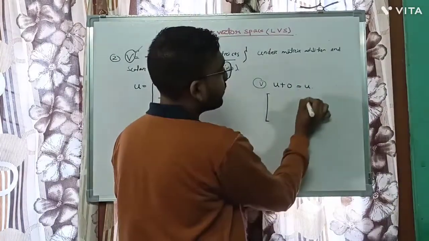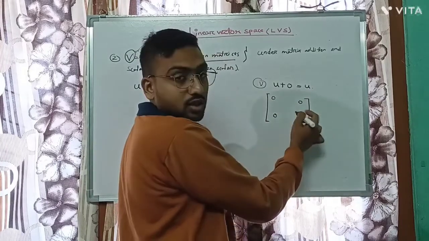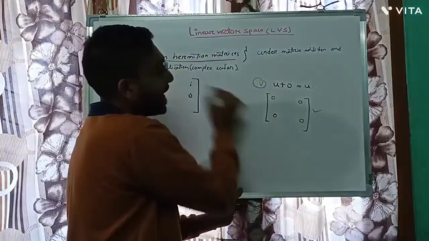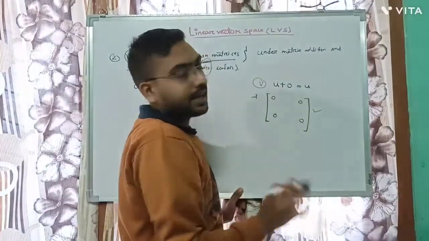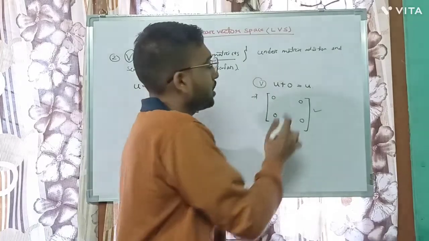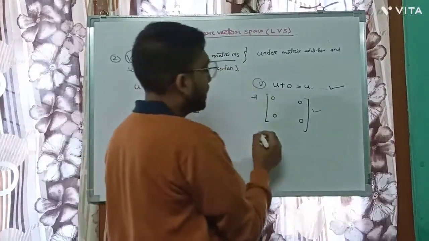So I have to check if this zero vector is lying inside the set V or not. This zero vector is also lying in the set V, as it is also Hermitian. Actually, the zero vector is a universal matrix and it fits in all types of matrix. So this property is also satisfied by the Hermitian matrices.